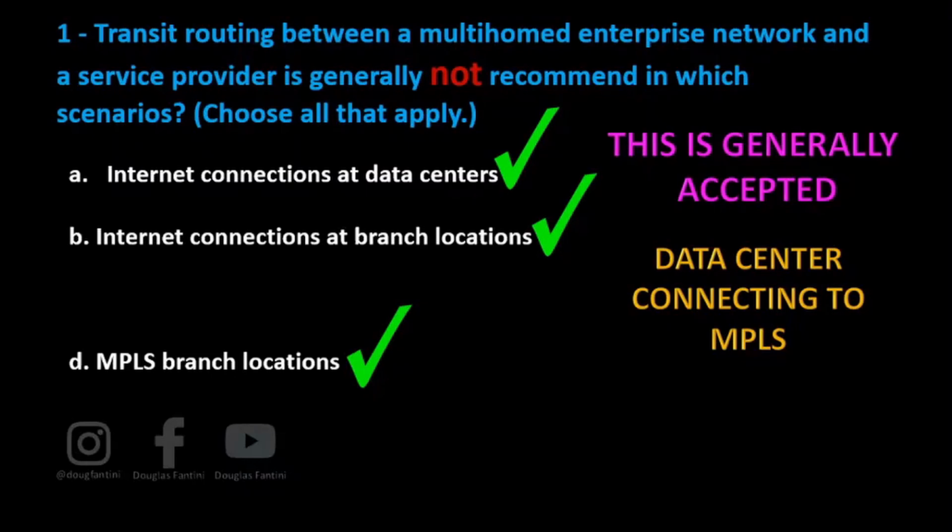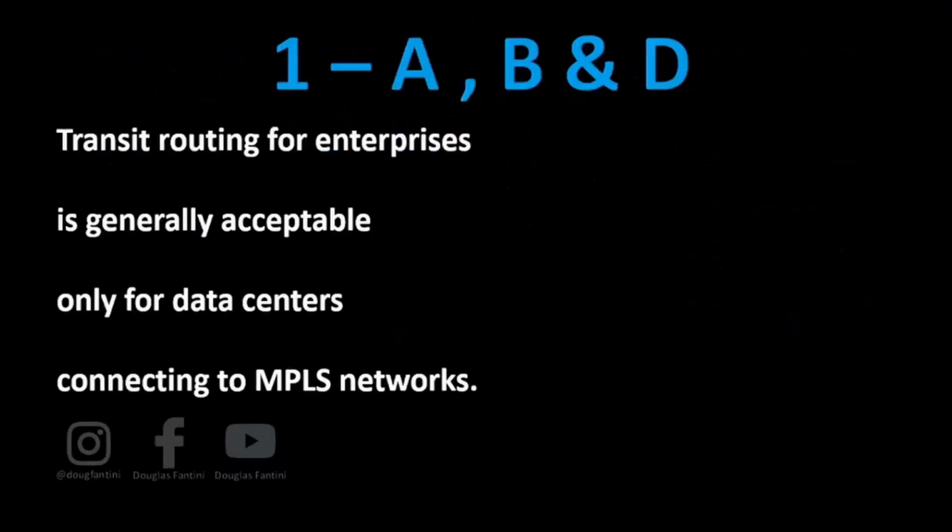This is generally accepted only between data center connecting to MPLS. A short explanation for you guys. So question number 1, correct answers are A, B, and D. Transit routing for enterprises is generally acceptable only for data centers connecting to MPLS networks.